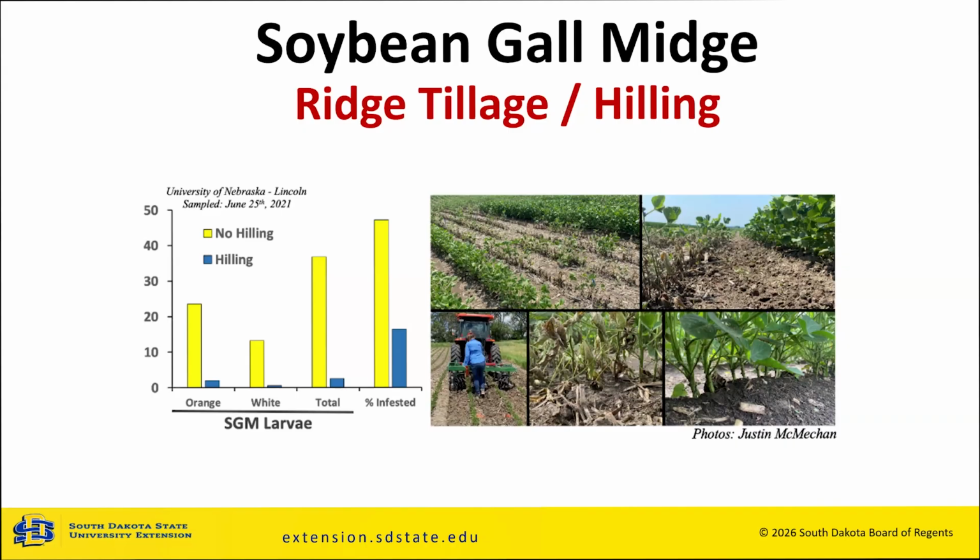And as you can see on the graph here, no hilling is the yellow, and then the blue is hilling or that ridge tillage. And the key takeaway is the percent infested on the far right of that graph. As you can see, there is a pretty significant difference between no hilling and hilling. So if you do have a severe infestation, this might be something you want to try.